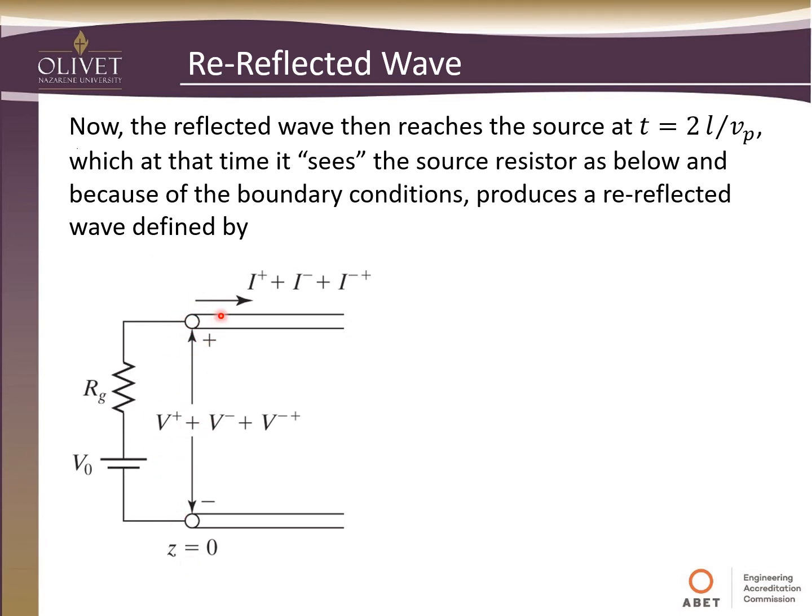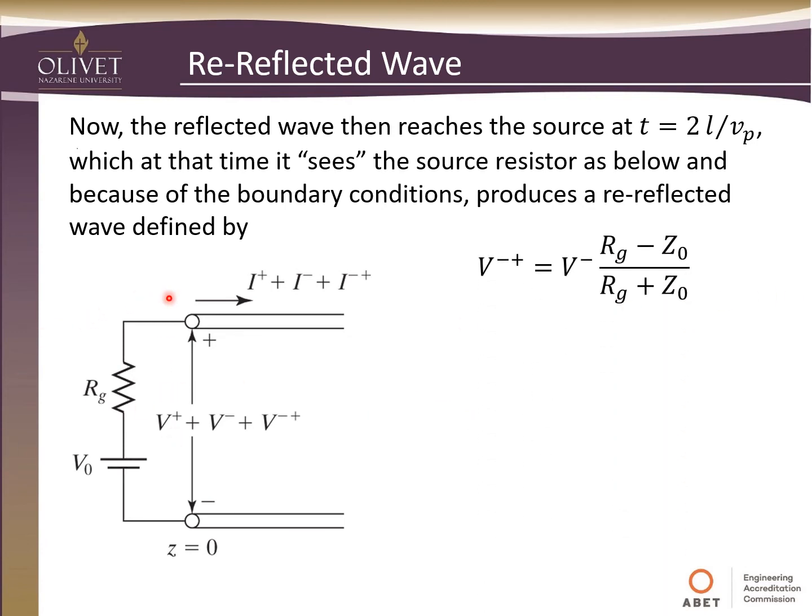So we've got our original conducting current and voltage, we've got our reflected current and voltage, but now we have our re-reflected wave. You see we now have this V minus plus. That means this is the part of the wave that's going to be transmitted as a result of the reflected wave coming back and reflecting again. So it's kind of a bouncing condition we start to see here.